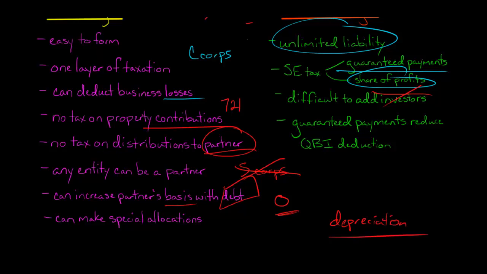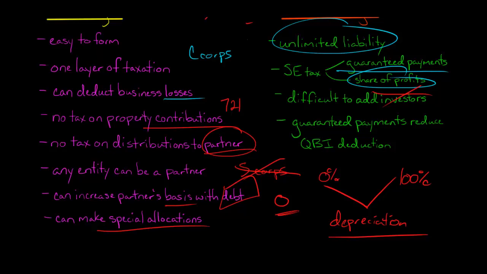Per the partnership agreement, we could allocate 100% of the depreciation deductions to this partner and 0% to the other. As you might imagine, with special allocations there's a chance for abuse, like shifting income to the higher tax bracket person. So any special allocation needs to be outlined in the partnership agreement, and it has to have substantial economic effect. I'll go into that in more detail.